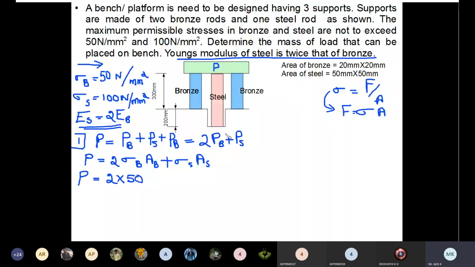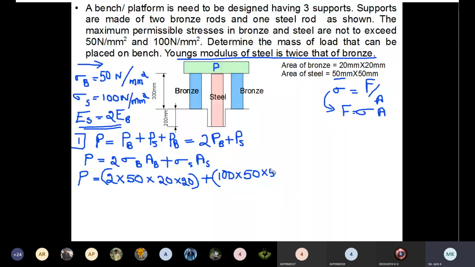Area of bronze is given here, 20 into 20. Plus sigma S value is given in the question, that is 100, into area of steel, 50 into 50. You will get the total load that can be placed on this table or platform.